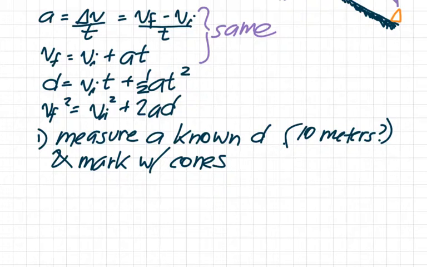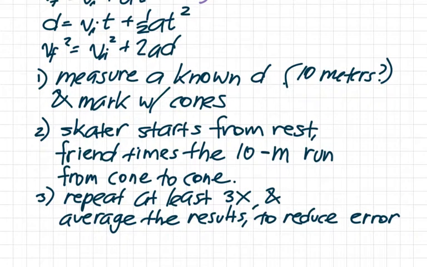Pick something reasonable, not too close together, but something you can actually time, like 10 meters. Then you start a skater from rest. A friend times them as they roll through the 10 meters, starting from rest, of course, from the first cone, and then through cone to cone, and then repeat it at least 3 times.